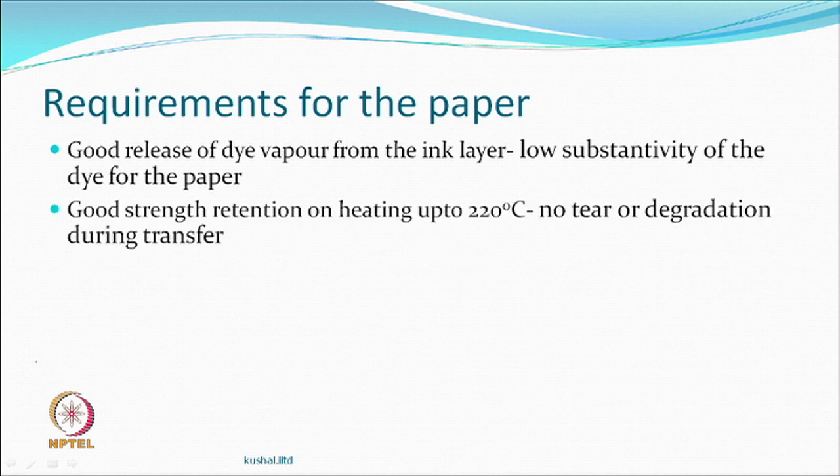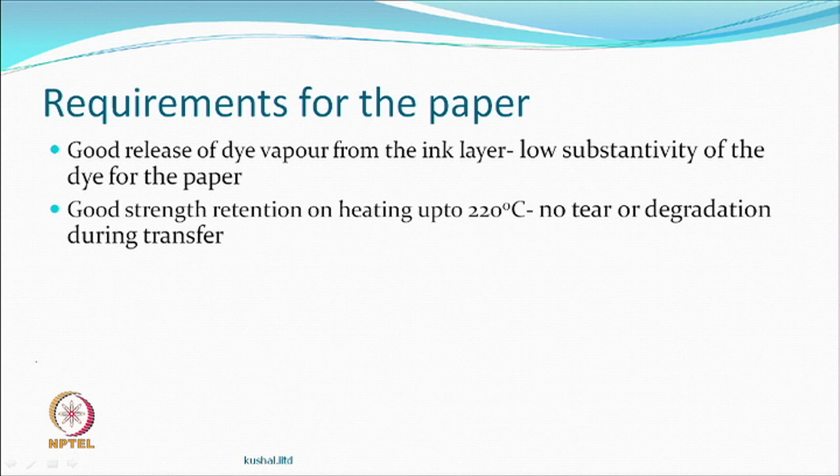So, it is expected that you will be heating up to 220 because you want it to sublime. Polyester transfer and stability is good around this temperature. So, its melting temperature may be 250 to 255, but the transfer takes place at this temperature.